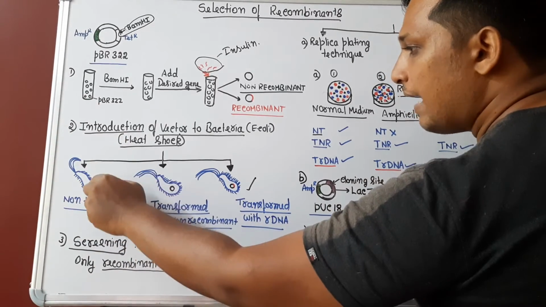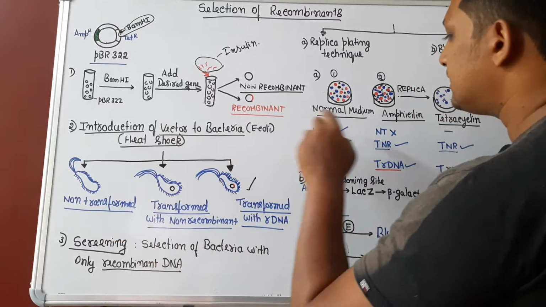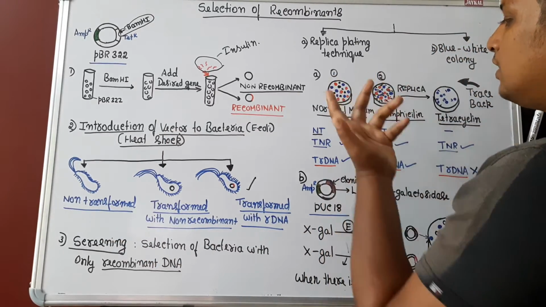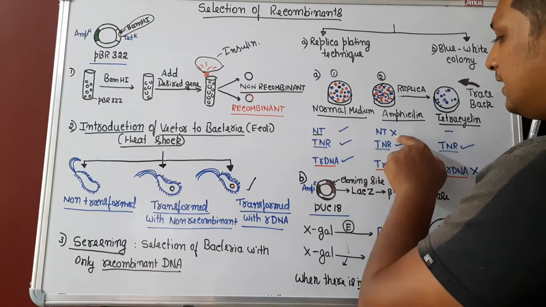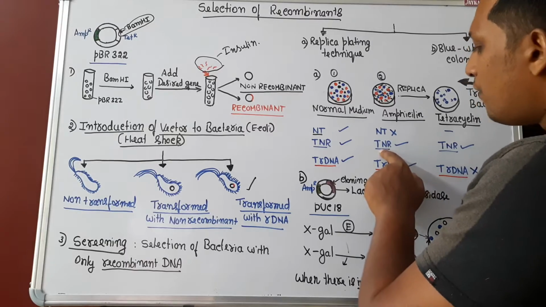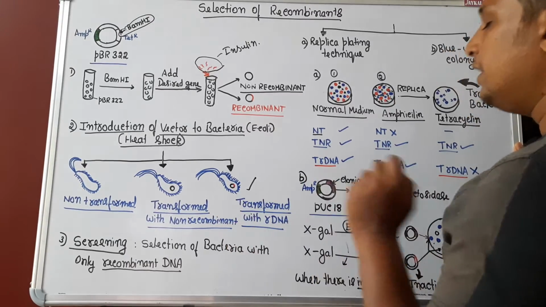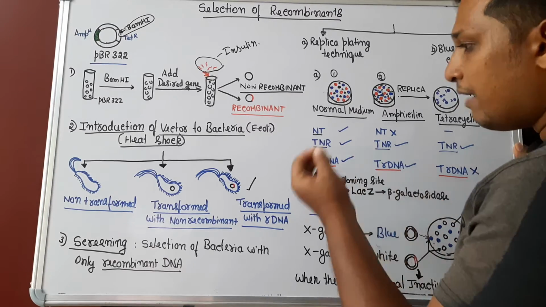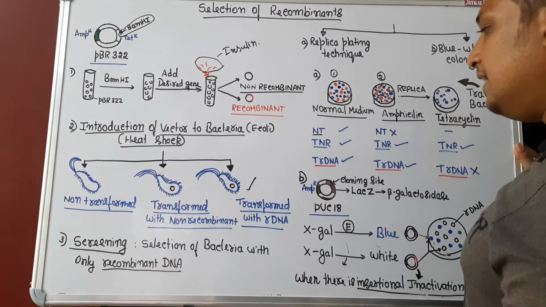Upon addition of ampicillin, since there is no resistance, the non-transformed colonies, the black colored colonies, will not appear in the Petri plate. It is now eliminated completely. Transformed cell with non-recombinant plasmid. Transformed cell means it is having a plasmid, having the ampicillin resistance gene.